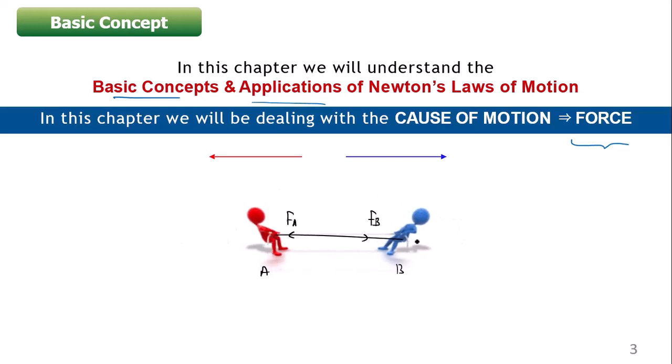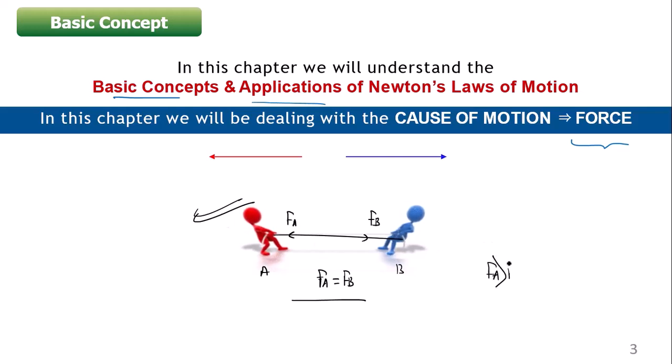Initially, when the tug of war starts, the forces on the string are the same, that means FA and FB are equal. Once one applies more force, say the person in red applies more force, he will win because FA is more than FB.